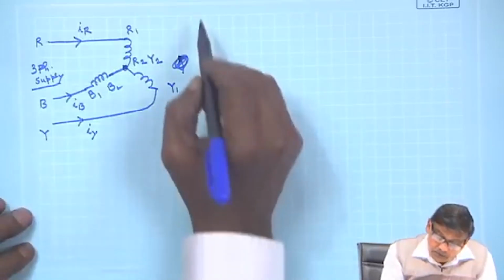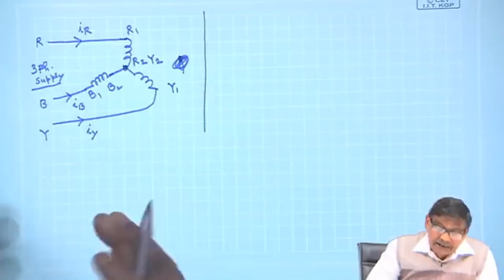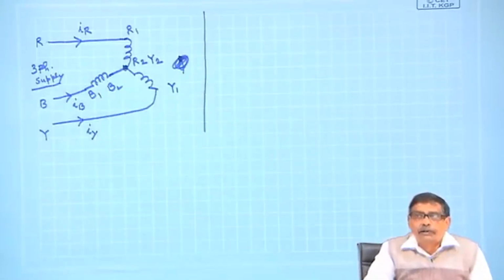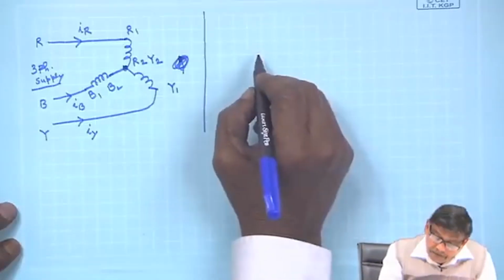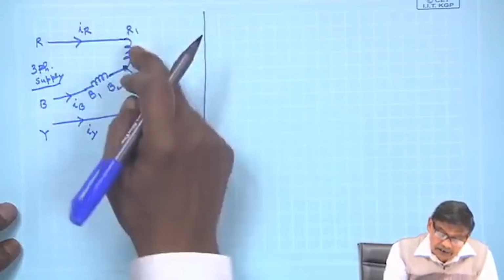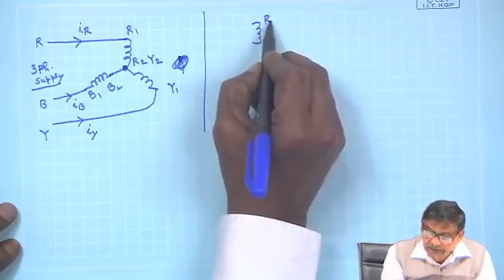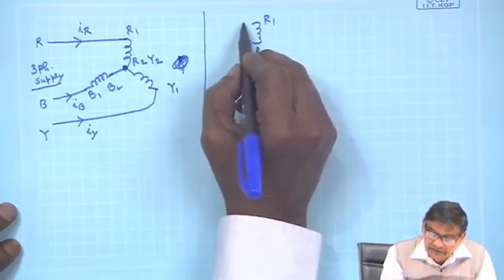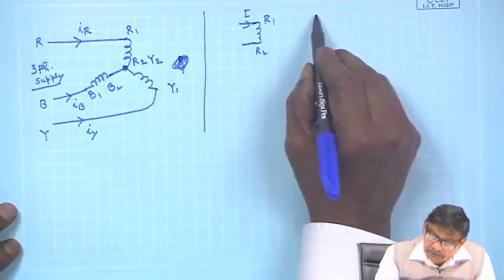Now, when they carry steady state current, we know what is the consequence. For example, if you pass a DC current to any of the coils, say R1 R2 individually, suppose I have passed some DC current of constant value I, what will it do?